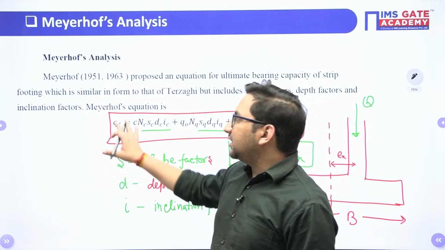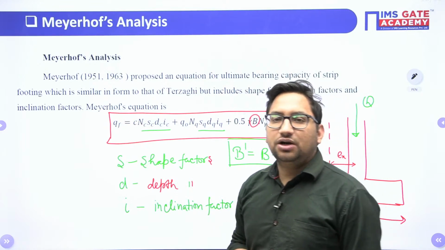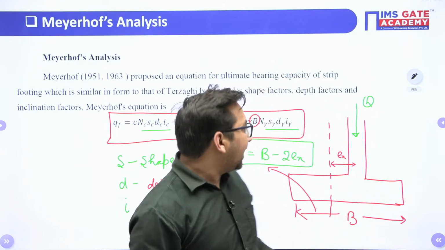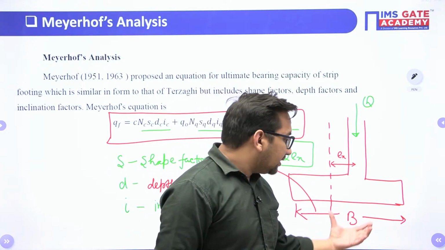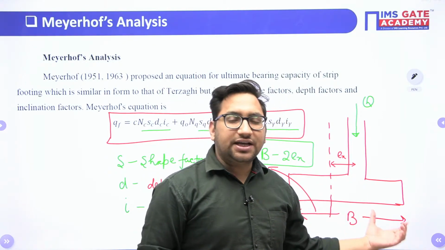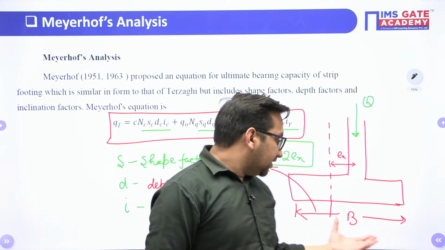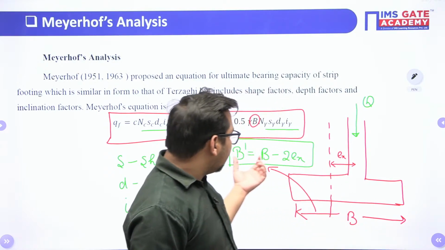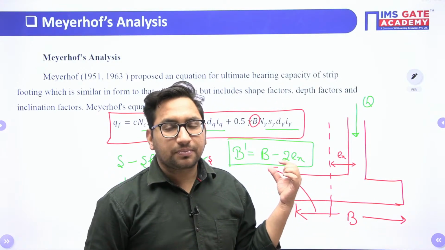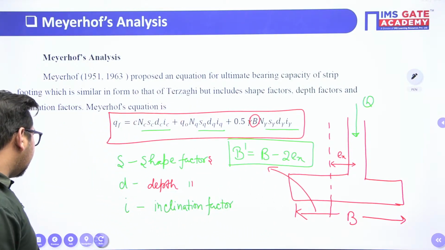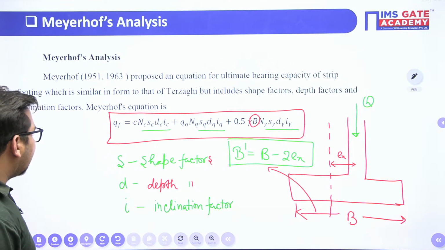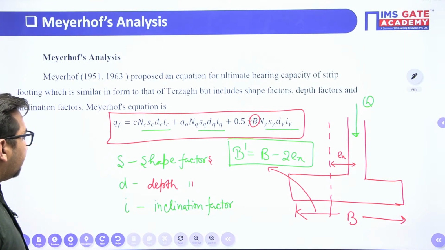So always remember these are the pressure values. To calculate the load carrying capacity, you have to multiply this stress value or pressure value with the area of the foundation. So when you are taking into account the area of foundation, instead of this dimension B, you have to take into account this B dash value. Clear? So sometimes questions on the eccentricity may be asked, so you can tackle that question in this particular manner, right?